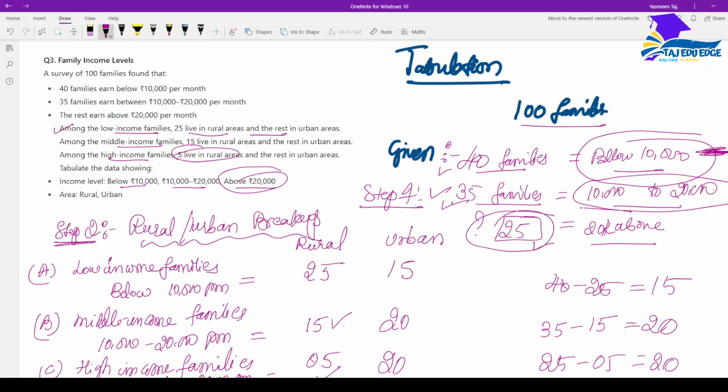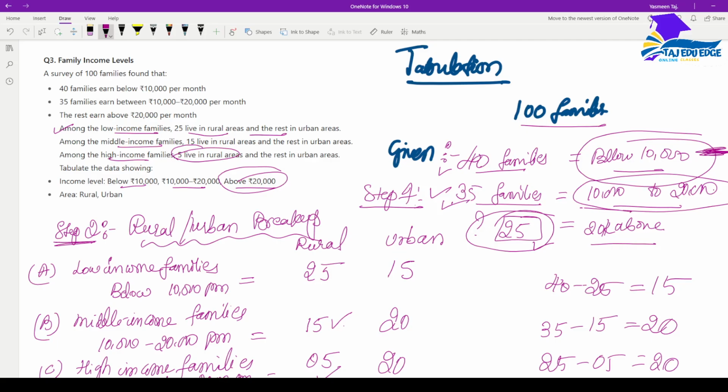Instead of attending such questions, if you write a theory question, there are chances that you may not get 5 out of 5. The evaluator may give you 4 out of 5 or 3 out of 5. But problems, if you attend properly, you will get 5 out of 5 without any deductions. So it's important that you make sure to attend such problems which are very easy.